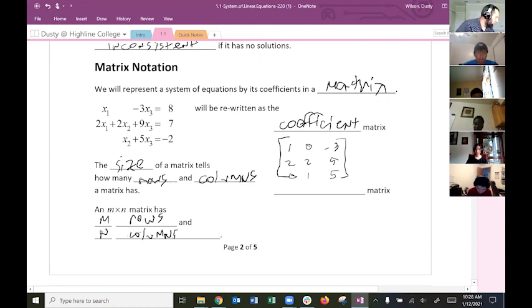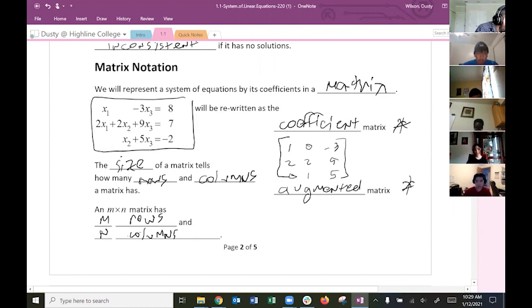And then the last thing I want to do here is also talk about a different kind of matrix. So up here we have the coefficient matrix. It's also what's called an augmented matrix. So the augmented matrix is going to include all of the information that's there, including the stuff that it's equal to.